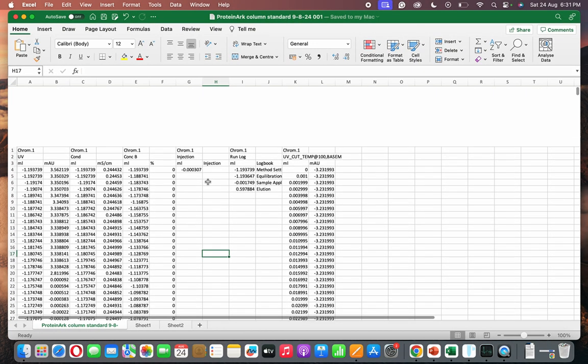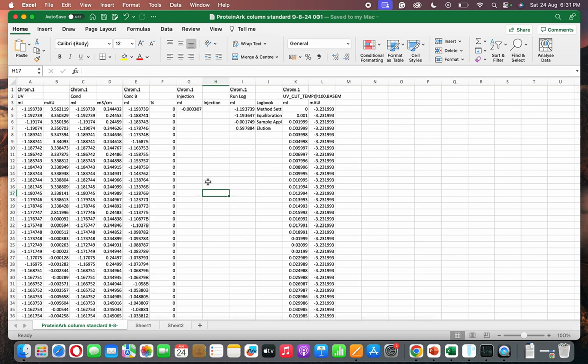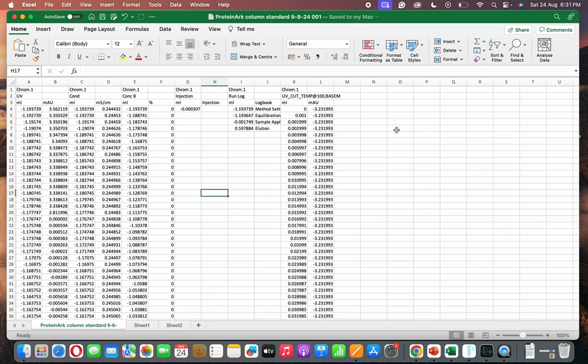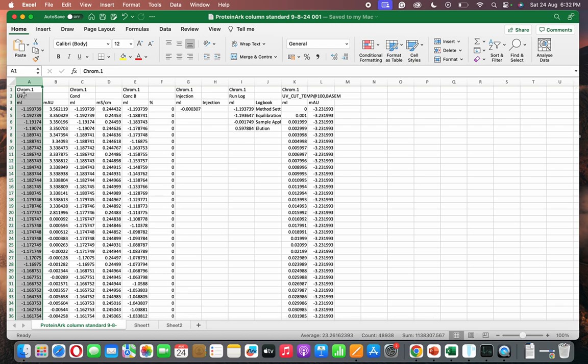So here, when you run a size exclusion chromatography experiment, you'll get a lot of data out of it. It might look something like this, especially if you use a system such as the ActaPure or any computerized system. Just to take you through what data you can get, here you'll see UV.